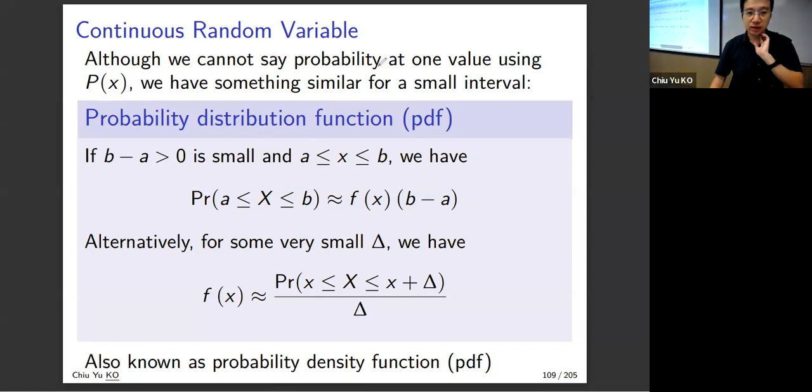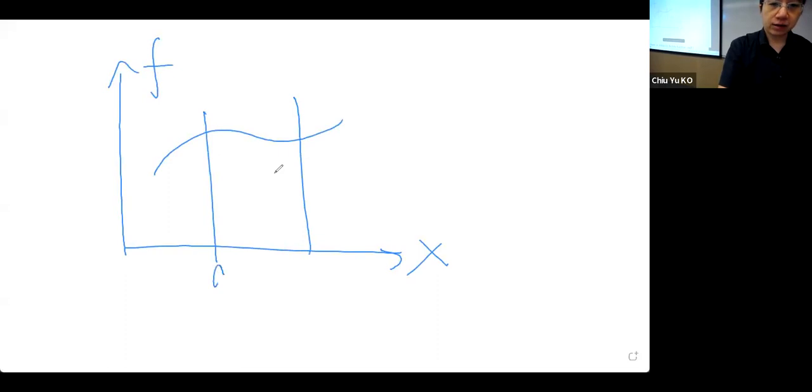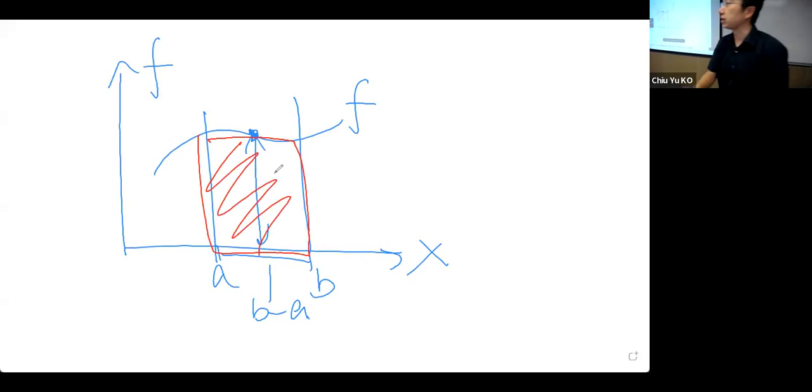Actually, this is no different from what is said here. It's x, it's f, and I have a and b. This length is b minus a. I pick a point here, and this is the height, and this area is the probability.